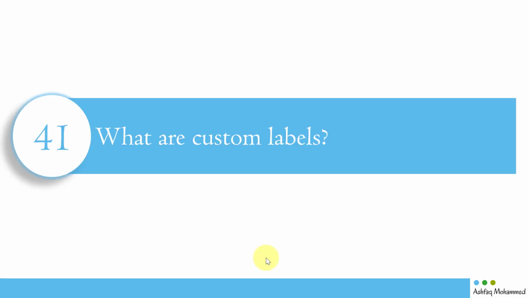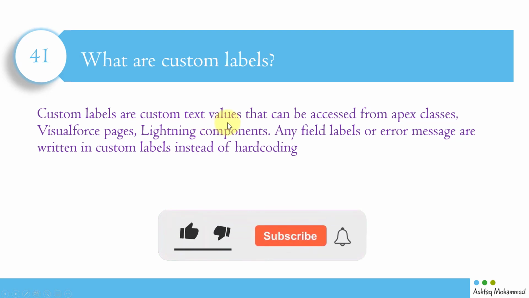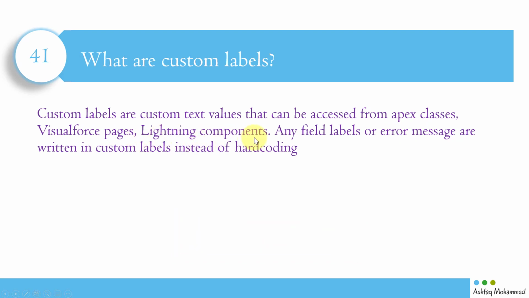Next question is, what are custom labels? This is also very important. Custom labels are custom text values that can be accessed from Apex classes, Visualforce pages, and Lightning components. Any field labels or error messages are written in custom labels instead of hard coding.